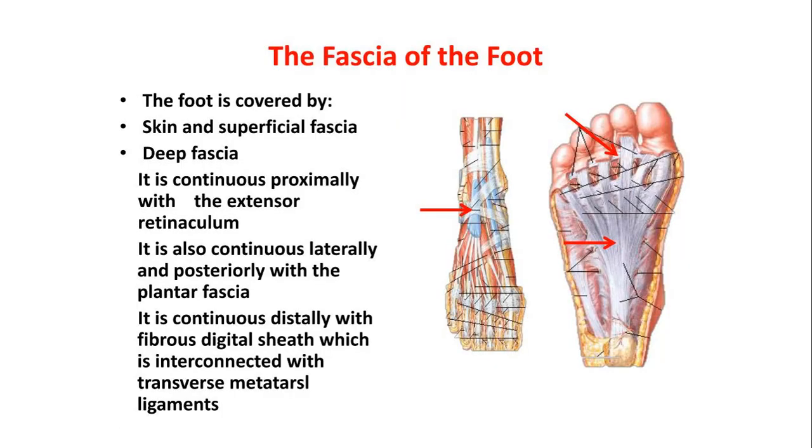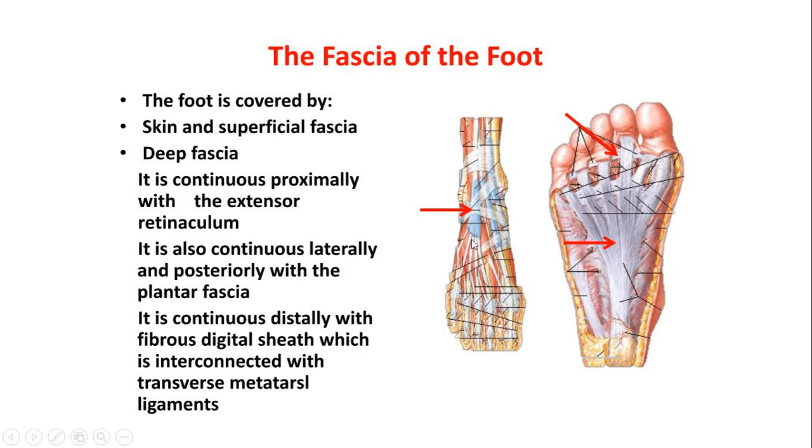And in the sole of the foot, similarly to what we have seen in the palm, where there is the palmar fascia, the palmar aponeurosis, here the plantar aponeurosis is formed by thickening of the deep fascia, but it is quite thicker than in the upper limb.